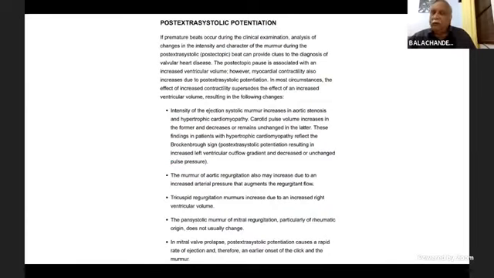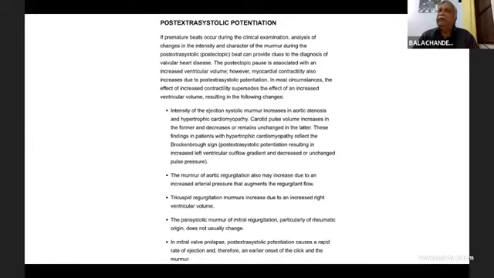Now, there is also post-extrasystolic potentiation, which of course is difficult to assess, only possible if there are premature beats during the clinical examination. Analysis of the changes of intensity and character of the murmur during the post-extrasystolic beat gives an important clue. The intensity of the ejection systolic murmur, as you know, increases in aortic stenosis and hypertrophic cardiomyopathy.